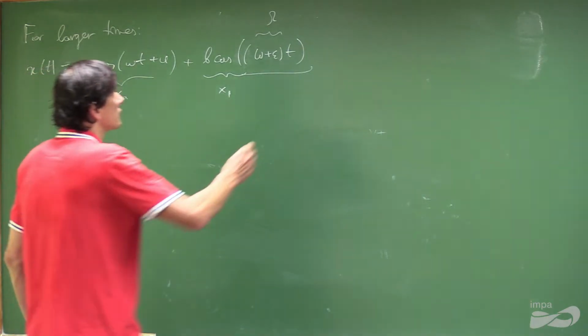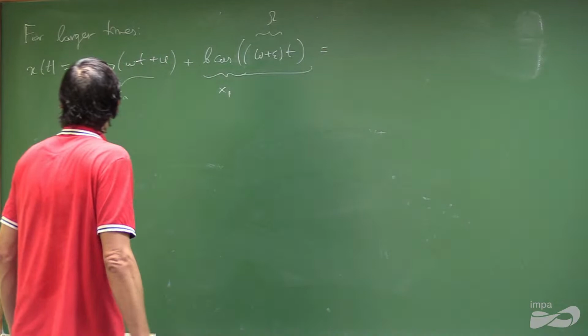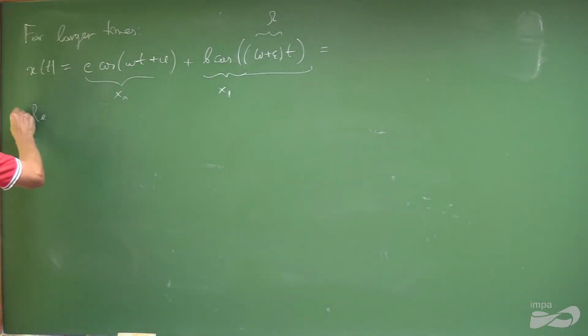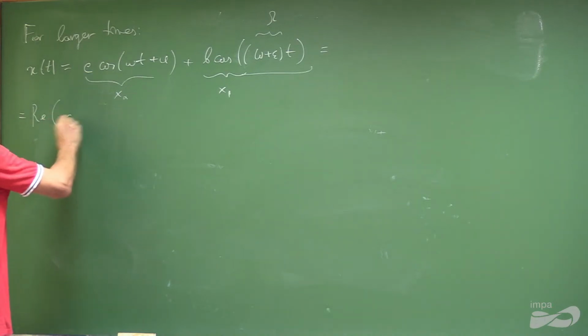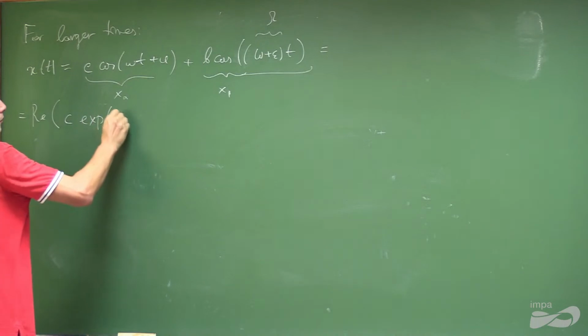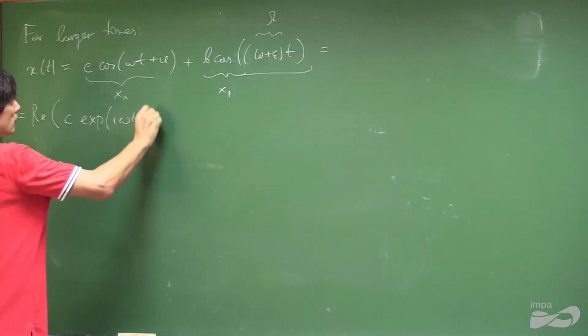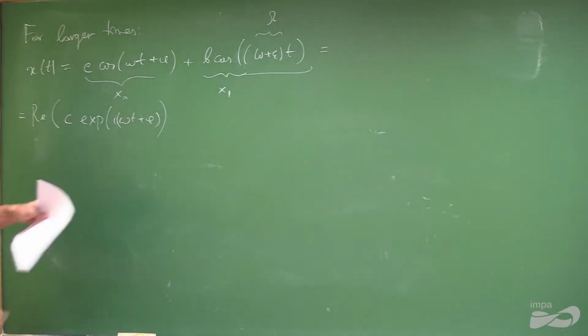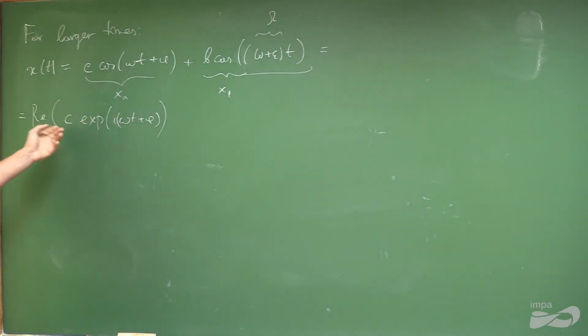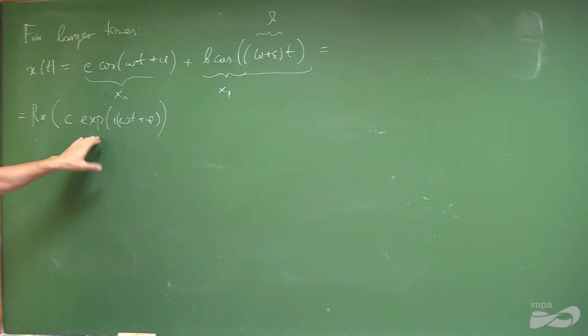The way I like it is you write, this is the real part of the exponent of i times this argument. The real part is just cosine.